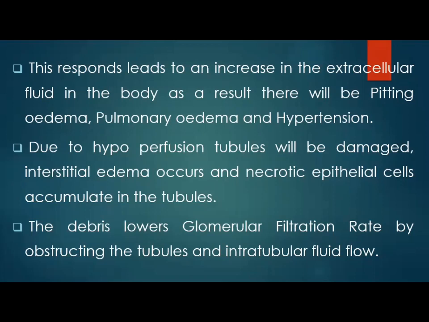Hence, that will furthermore decrease the glomerular filtration rate, worsening the renal failure. So that's the simple pathophysiology of renal failure. And renal failure is classified into acute and chronic. So this is a simple pathophysiology that can cater for the acute one and also the chronic.